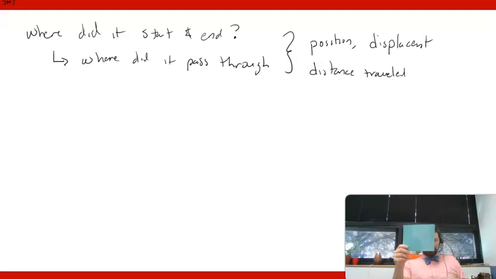So even if I start and end in the same location, as often happens with, say, your actual car, if you live at a house and you have a garage, you may park the car in the garage, and then at the start of the day you leave the garage, you go to work, you go to school, you pick up groceries, you go meet some friends, whatever you do with your day.